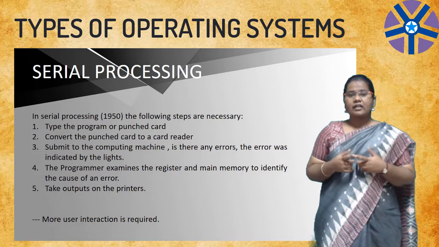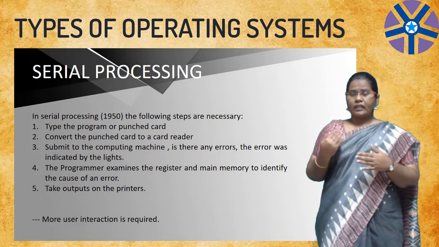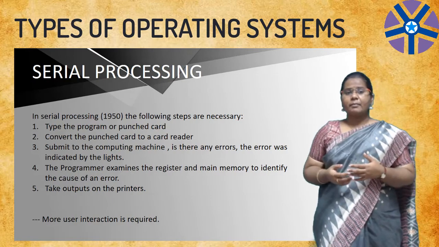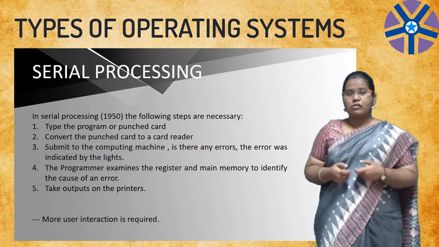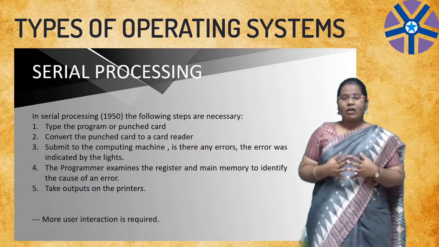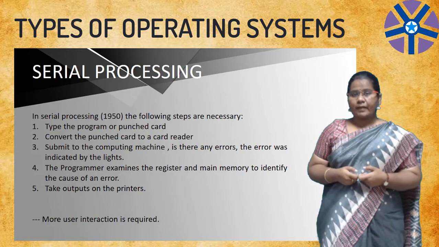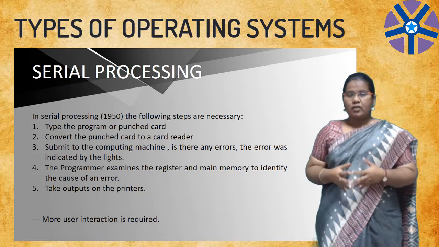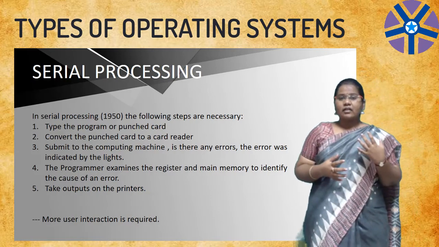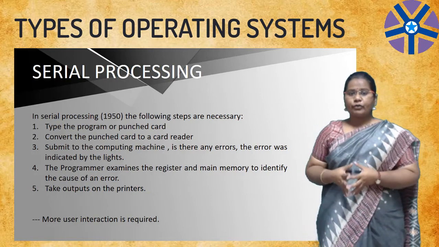The punched card is a card which looks like a postcard, and the input is given by punching holes on the card. There is an input device called a card reader, which is used to read the data present on the punched card in the form of holes. This card reader will read the input data and send the data to the computing machine.